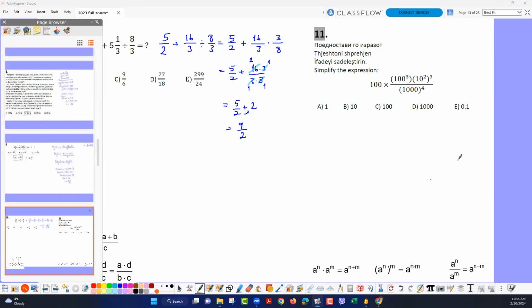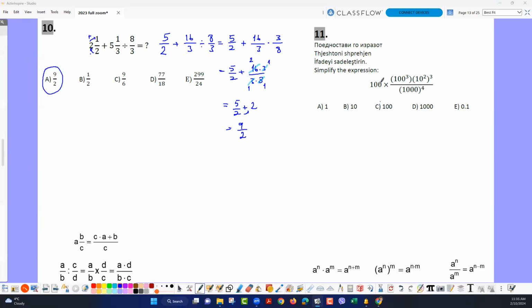Here we are going to firstly write the numerator, which is equal to 100 times 10 to the power of 100 to the power of 3, that is 10 to the power of 2 to the power of 3, 2 times 3, and then divided by 1000 to the power of 4.